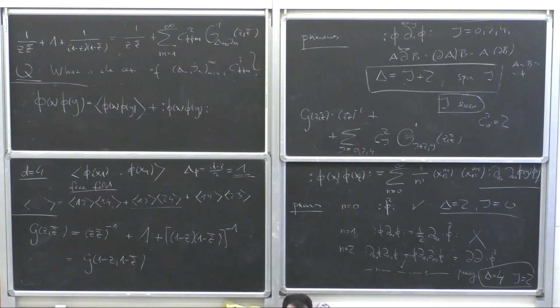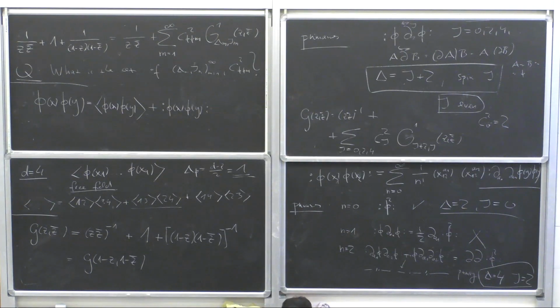First of all, the contribution of an operator of dimension delta goes like r to the delta, or r to the delta minus 2 in this case. So this tells us there are no new operators of dimension 3. But now you see that there is an operator of dimension 4 and spin 2, because the dependence on theta more or less tells you the spin.